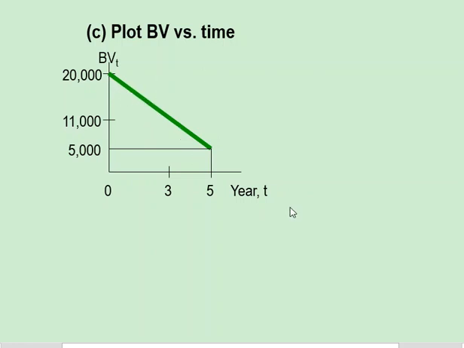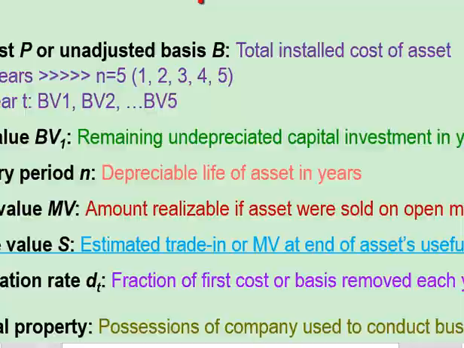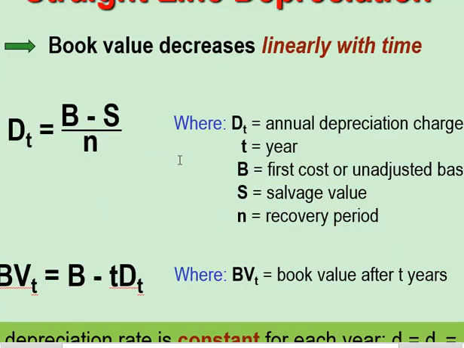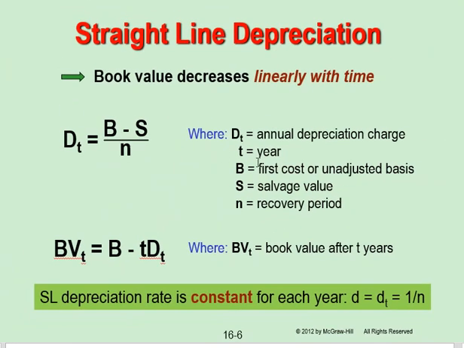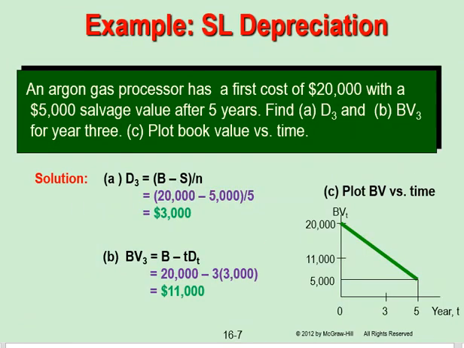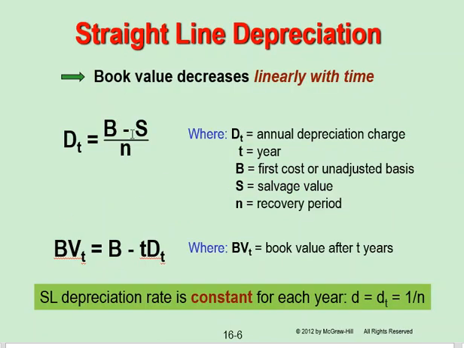I don't see up and down, so it is a very nice, smooth slope. It's decreasing in a very constant way. So that's why we call it a straight line depreciation. How do I calculate that? This is very easy. You don't have to worry about the diagram at all. Usually those formulas are given to you. So we have depreciation at a certain time is B minus S divided by N. What did we say B?